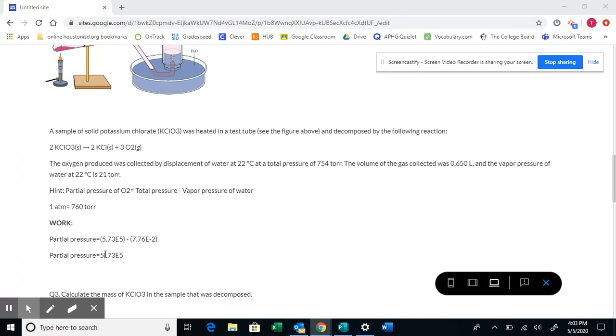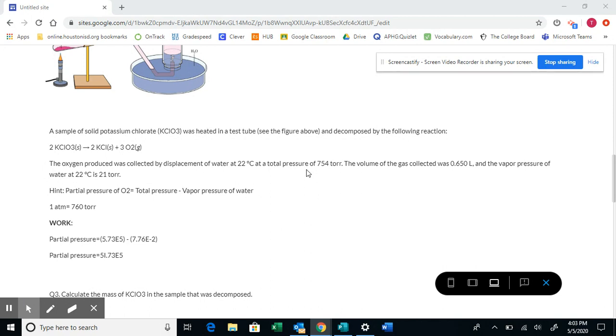The work is: partial pressure is equal to your total pressure, which you can see above is 754 torr, and you have to get that in ATM, so you're going to divide that number by 760, which will get you 5.73 E5.